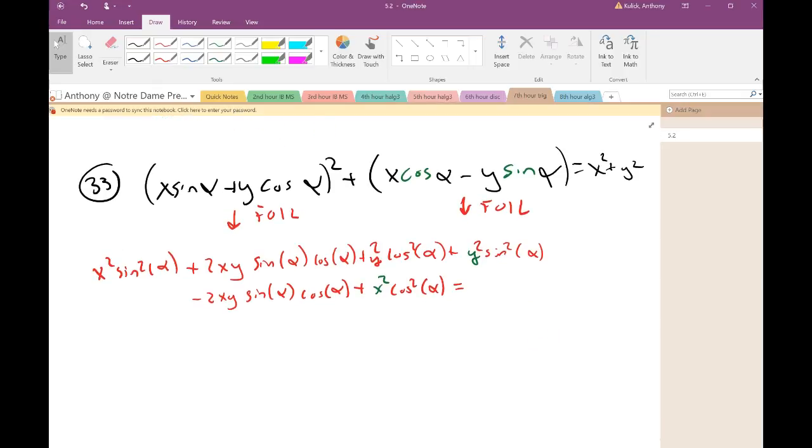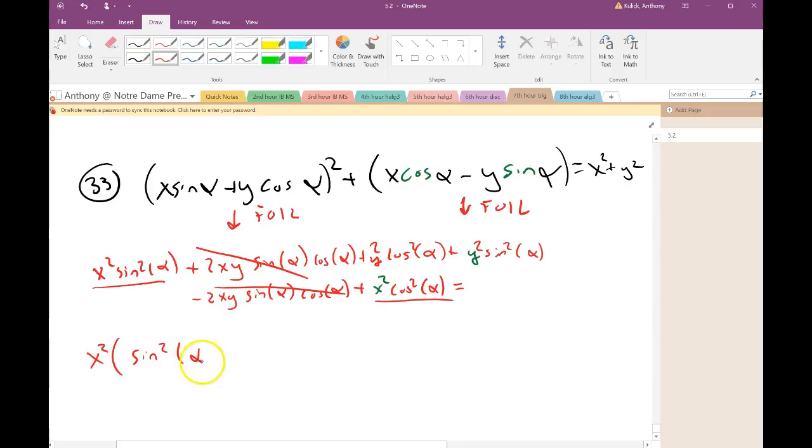All right. Now what I'm going to do is look for like terms to combine. So if I look here, I have an x squared sine squared alpha and an x squared cosine squared alpha. If I take those together, I can factor out the x squared.